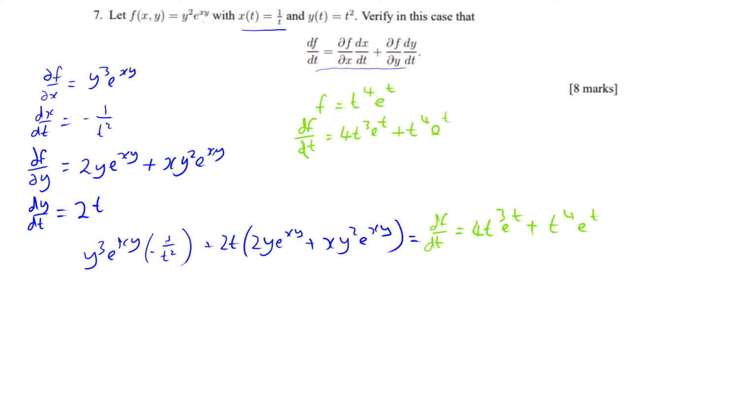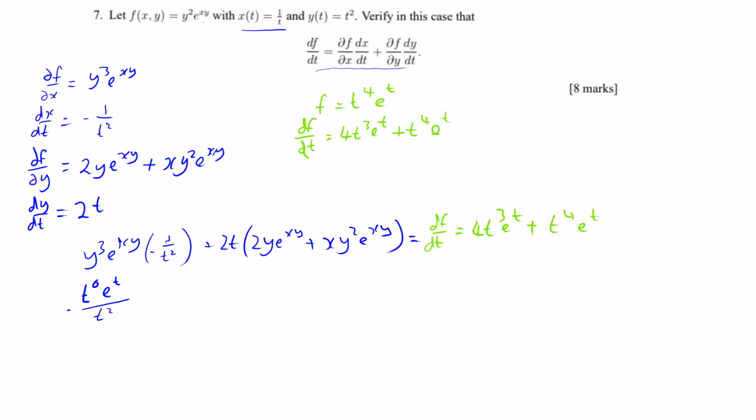And now we've got the left hand side in terms of x, y and t, and the right hand side only in terms of t. So we want to get the whole equation in terms of t now. So we'll simply parameterize everything else on the left hand side. So y cubed is t to the 6. E to the xy is e to the t, and that is all over negative t squared.